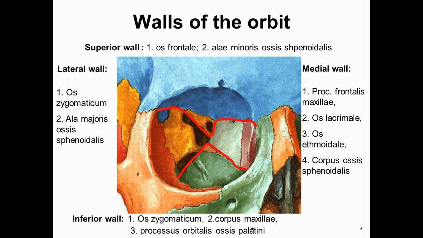So now we know all the bones which form the walls of the orbit.